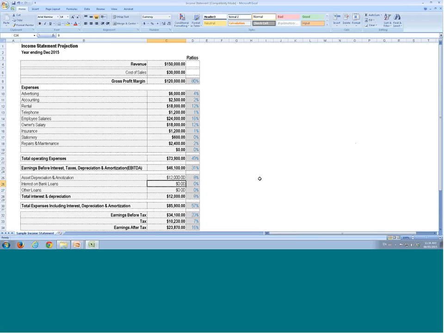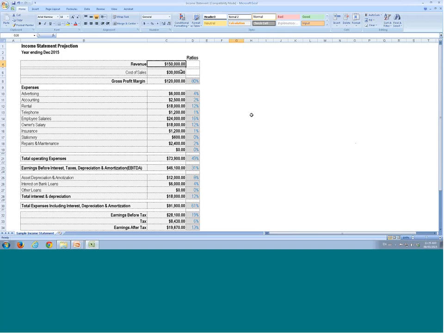Let's say you took out a bank loan and the interest for the year was $6,000, and those are the numbers we input. I'm not going to put in any more numbers there. So let's look at how this business performed last year.